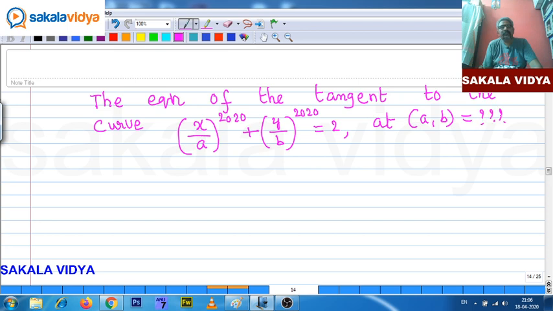Think about this question now. The equation of the tangent to the curve (x by a) to the power of 20 plus (y by b) to the power of 20 equals 2 at a comma b.